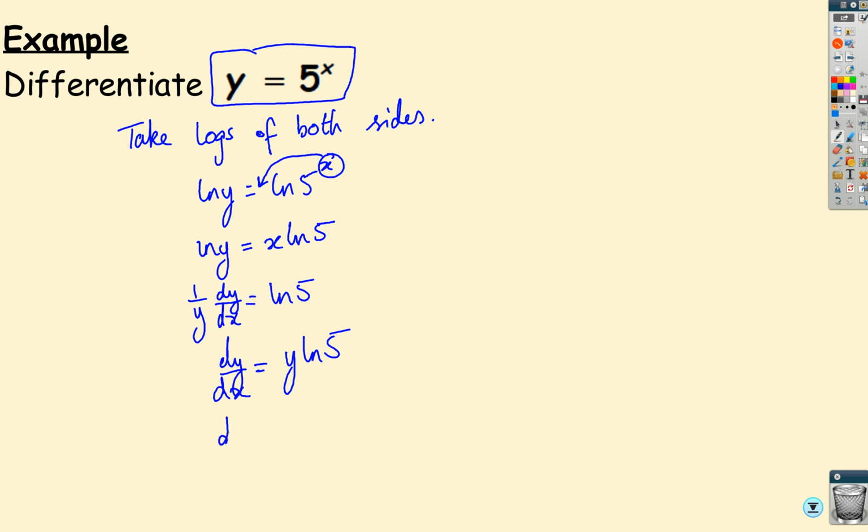So my derivative now looks like this: 5 to the power of x log 5. So not that tricky when you get down to it, but the process itself is: take logs of both sides and then tidy up your derivative. Remember, when you're doing this, to use implicit differentiation. Let's have a little look at another one.